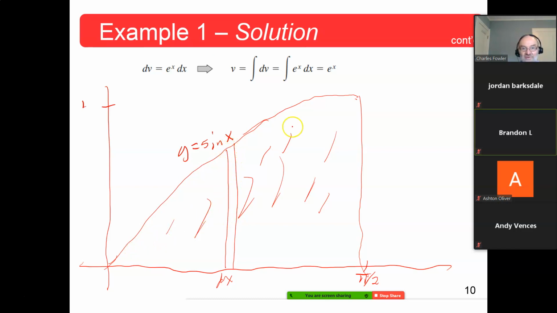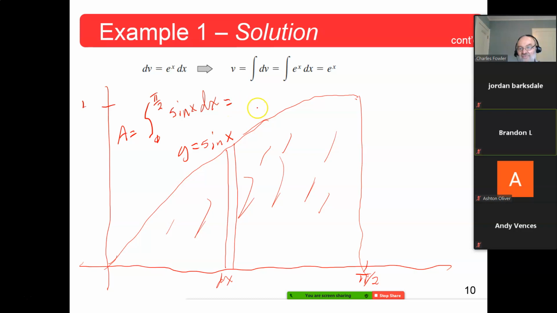So the area of this region right here, we'll just call it area, is equal to, this is pretty simple, the integral from 0 to pi halves of sine x dx. Okay, height of that is sine x minus 0, width is dx, the area is just a sum of all those.